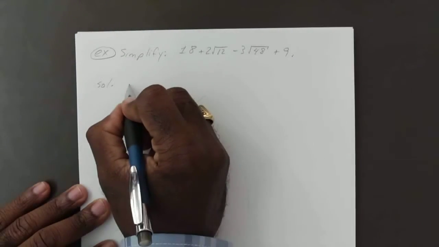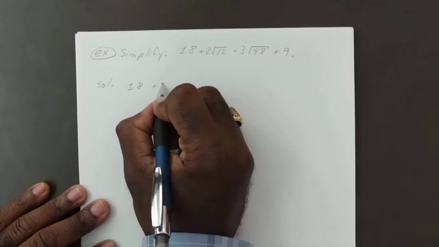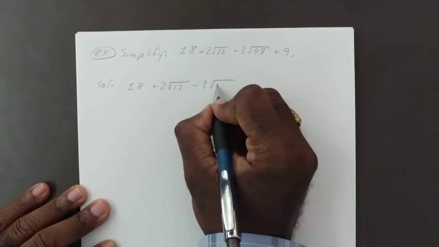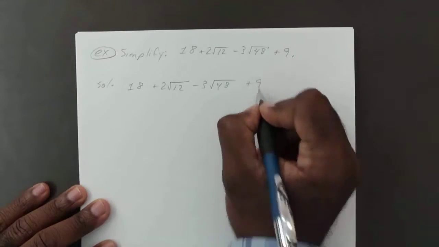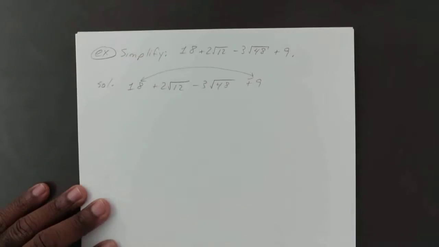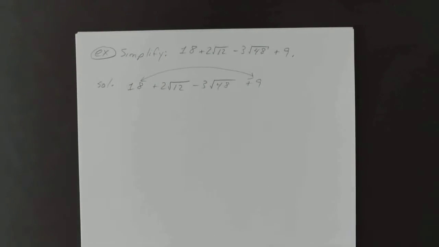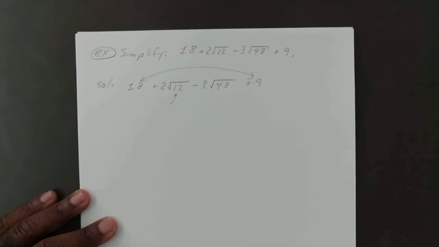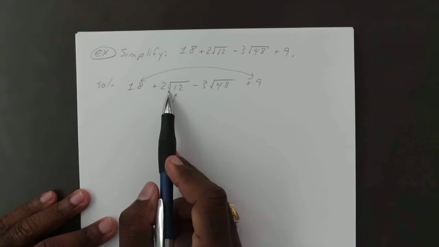All right, so I'm just going to rewrite it for a second. Okay. So actually the 18 and 9, we can just add those together. But for this one, we just have to notice that 12, since we have a square root, we need a perfect square.